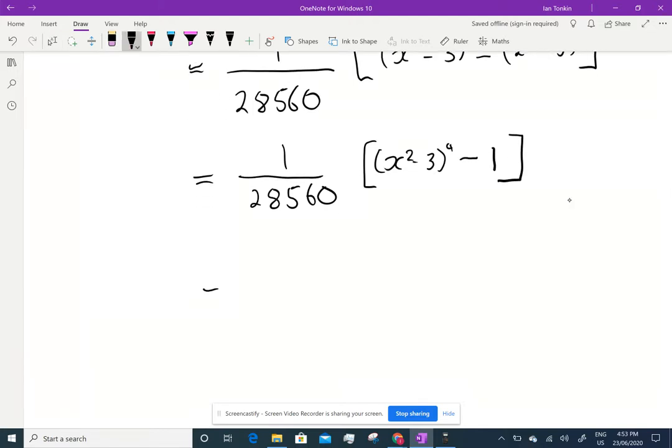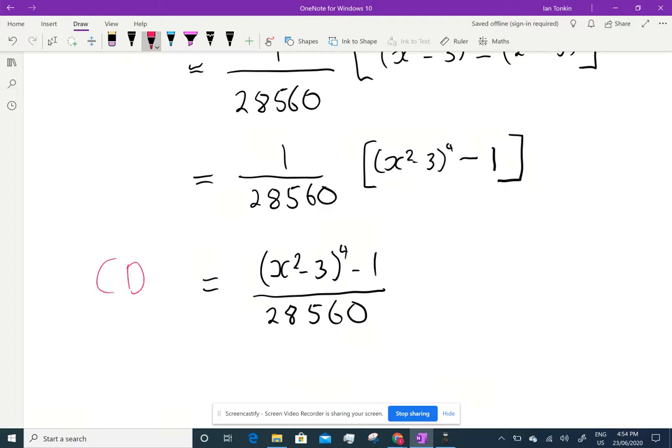All that sits on top of this fraction now. I can leave it like that: x squared minus 3 to the 4 minus 1 on 28560. And that is our CDF. That's going to tell us the sum of the probabilities anywhere along this curve. It's a cumulative. Now we need to find the median.